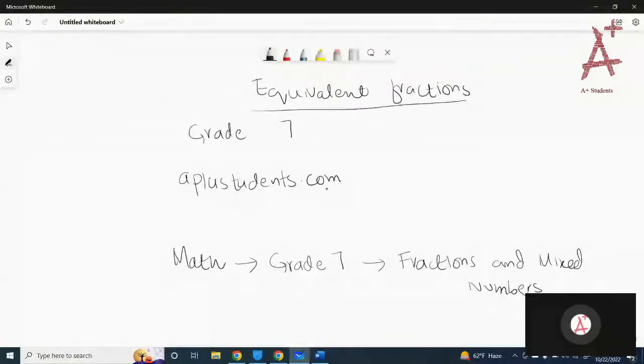So let's start with chapter 5, fractions and mixed numbers, and lesson 1, equivalent fractions.